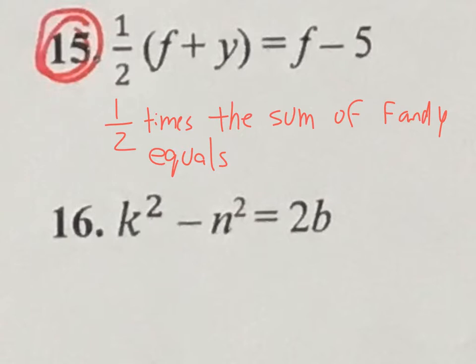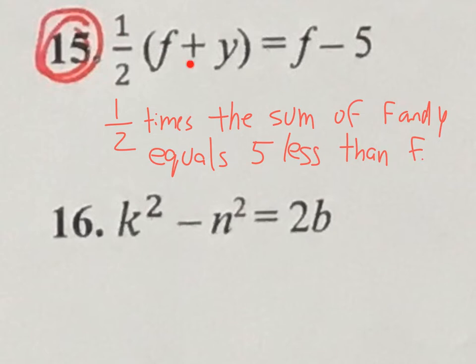I want to go with 5 less than f. But then again, I want you guys to be fluid with this. I want you to know all the different ways of saying it. It could be f decreased by 5, f minus 5. It could be 5 less than f, right, which we used right there.